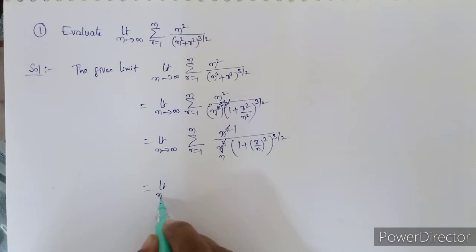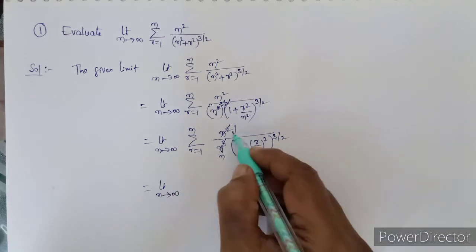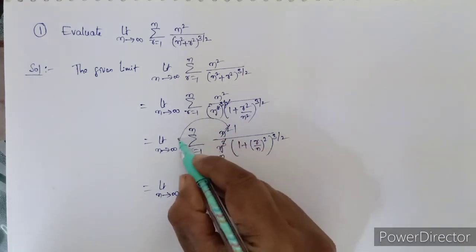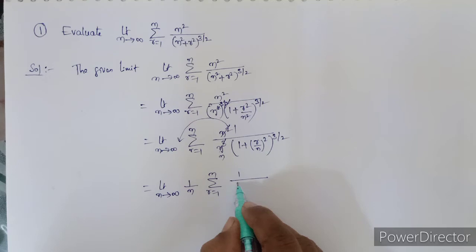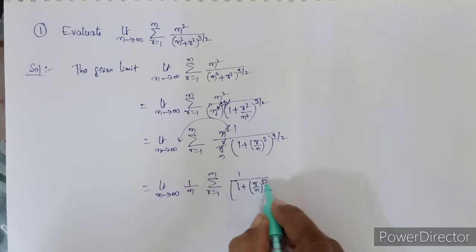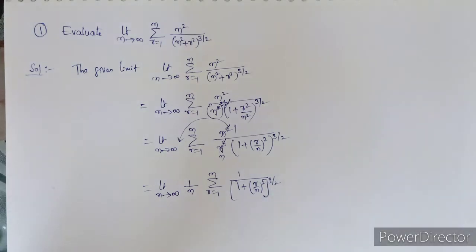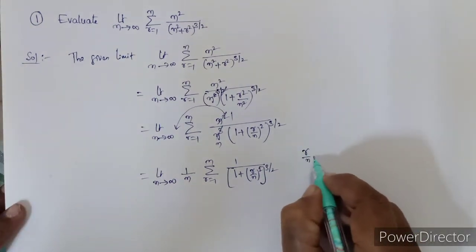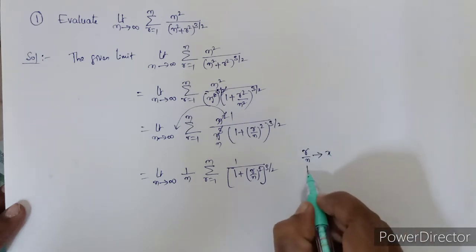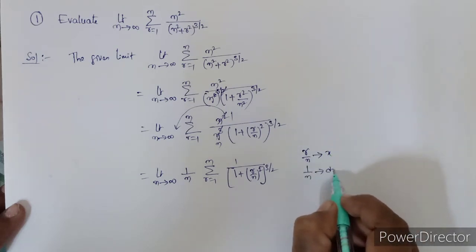Limit n tends to infinity. We bring 1 by n outside the summation. Sigma r is equal to 1 to n, 1 by (1 plus r by n whole square) whole power 3 by 2. As discussed earlier, we replace r by n by x, 1 by n by dx.